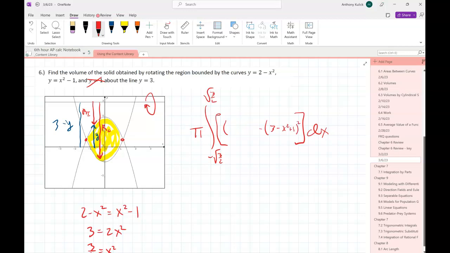And then our outer is going to be, so this distance is y.